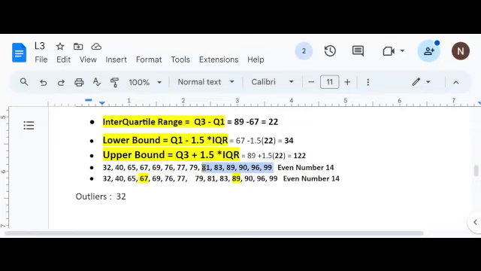And how many numbers up to here? Also 7. So what's the middle here? 89. And what's the middle here? 67. So that's where I get the 89 and the 67. Now, what's the purpose of this? To identify the outliers.